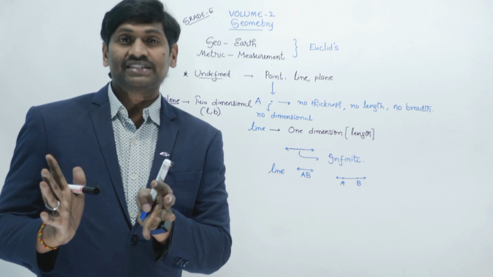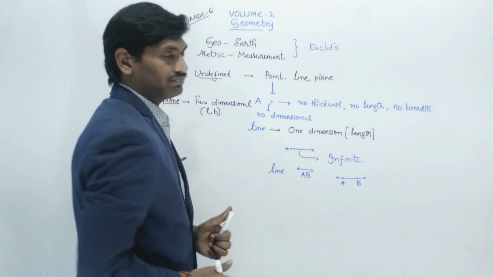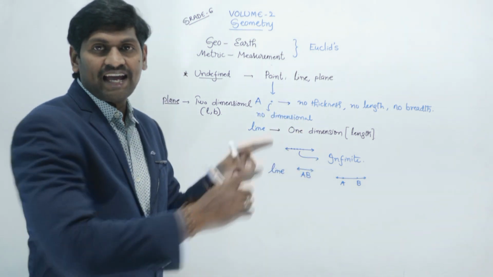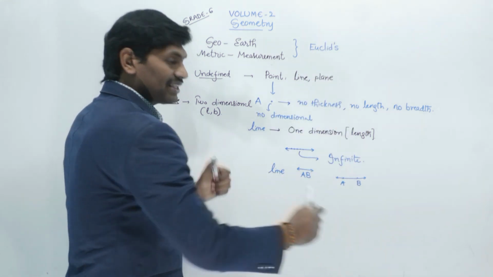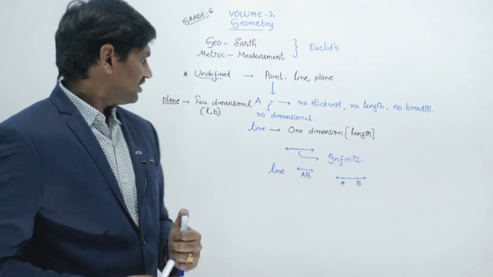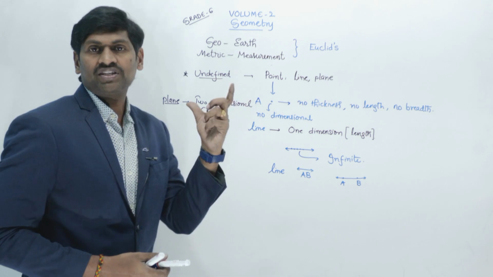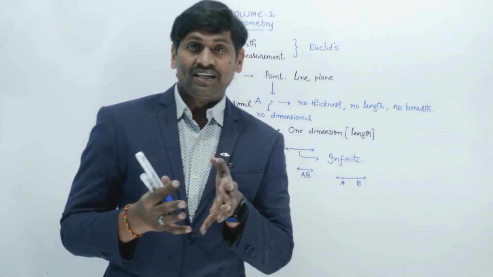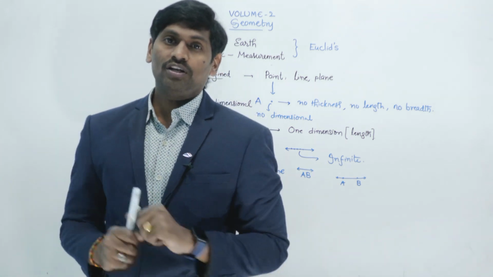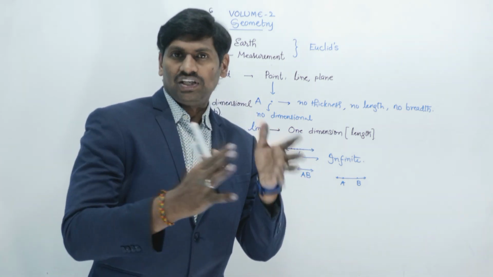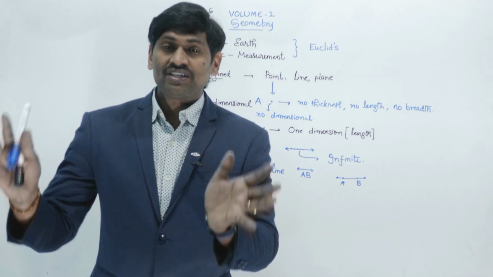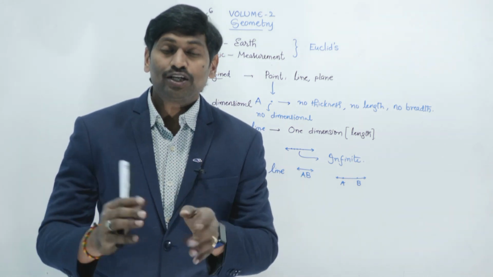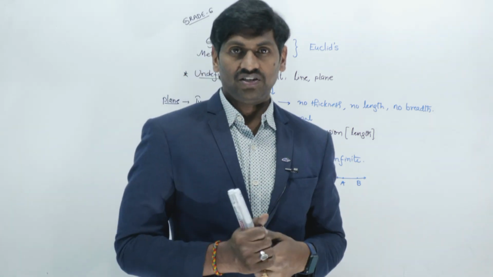A best example is the class board, which has length as well as breadth. We can also take the surface of a wall in your room as a plane or flat surface.